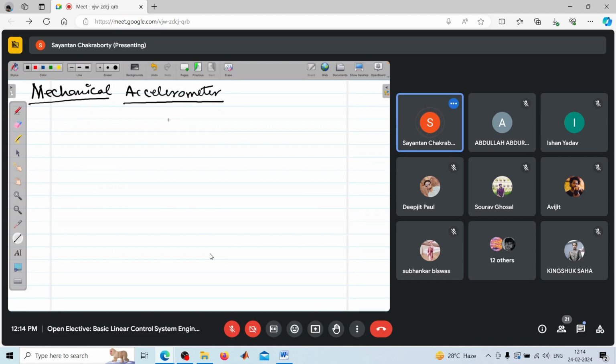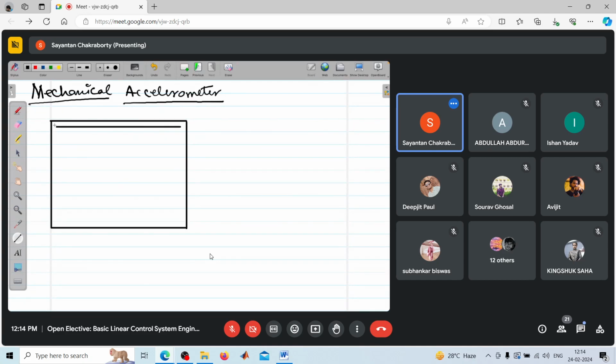Let me draw. So this is your frame, which is basically attached to the moving vehicle.